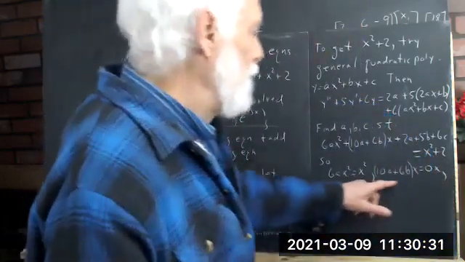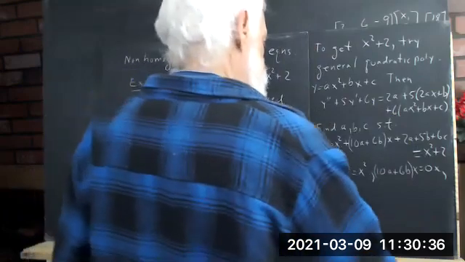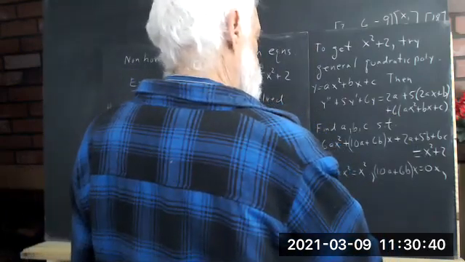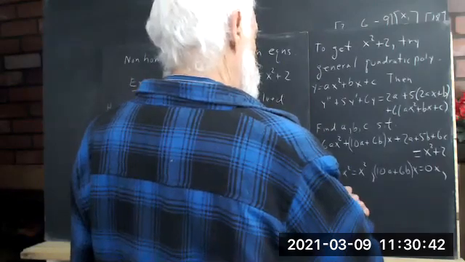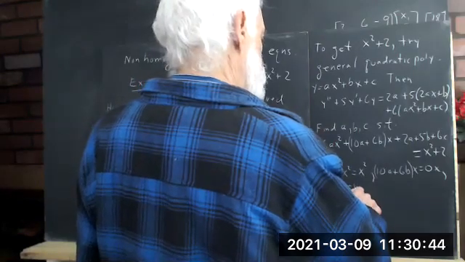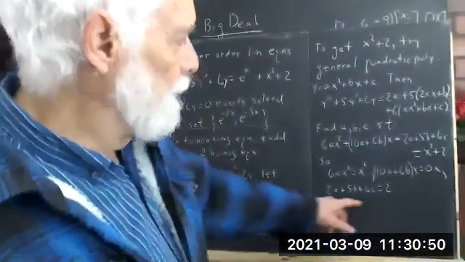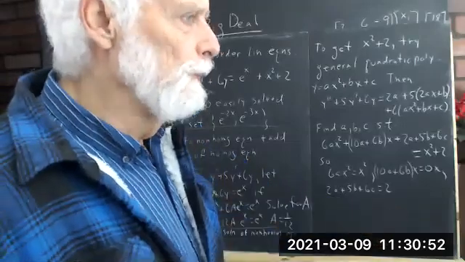So I'll say that that times x has to equal 0x, and 2a plus 5b plus 6c has to equal 2.